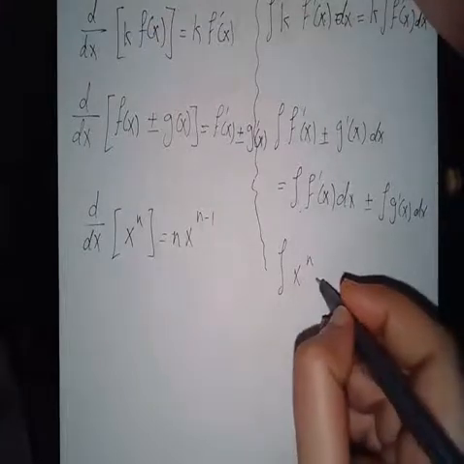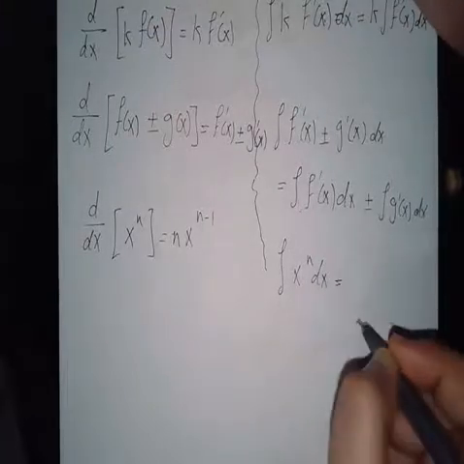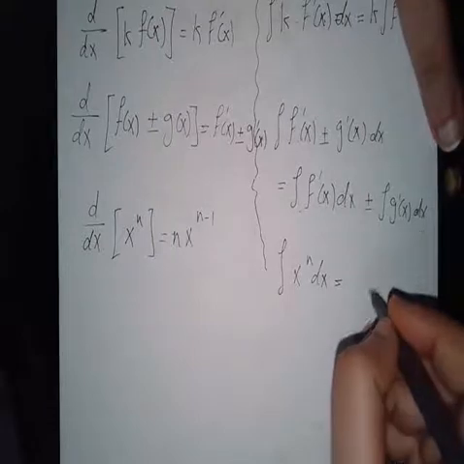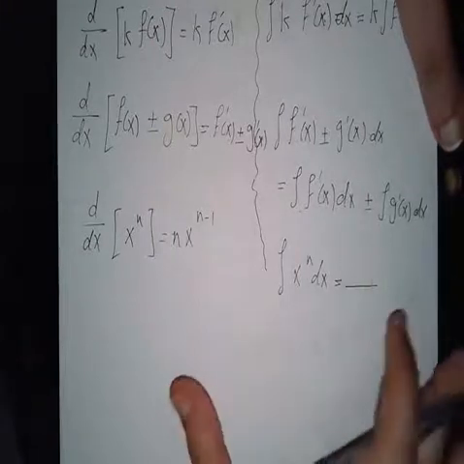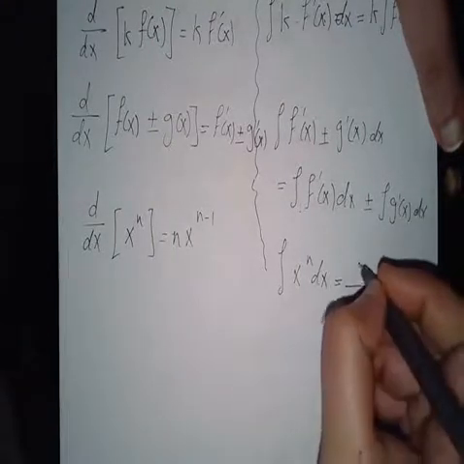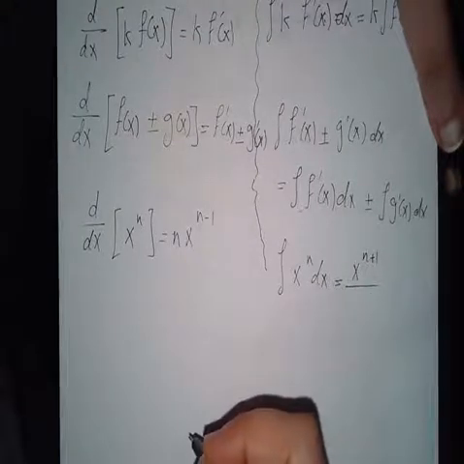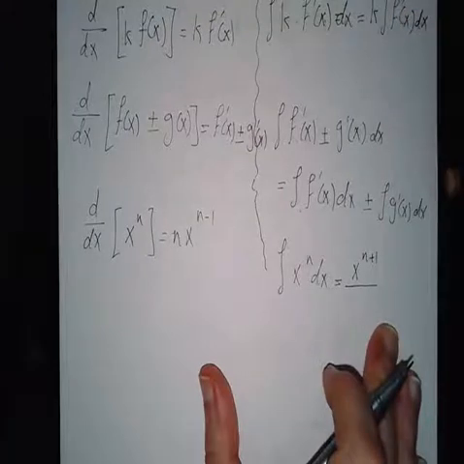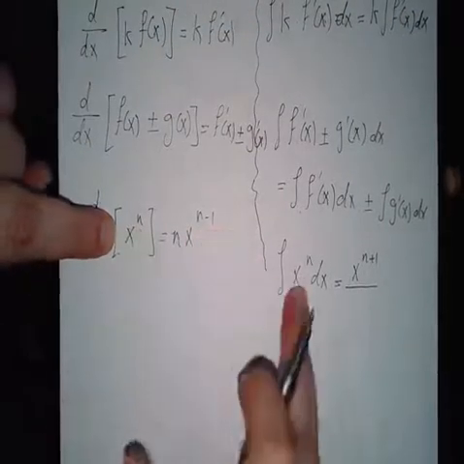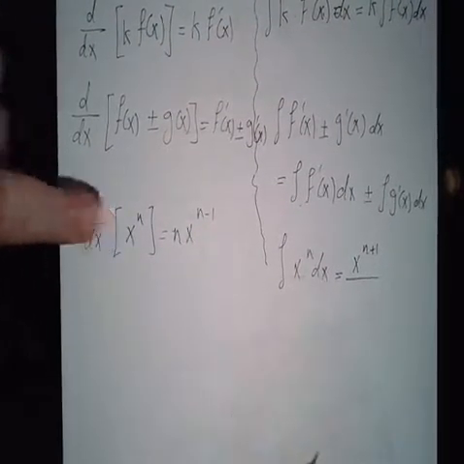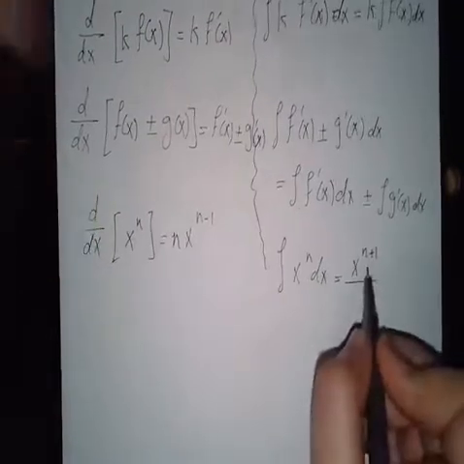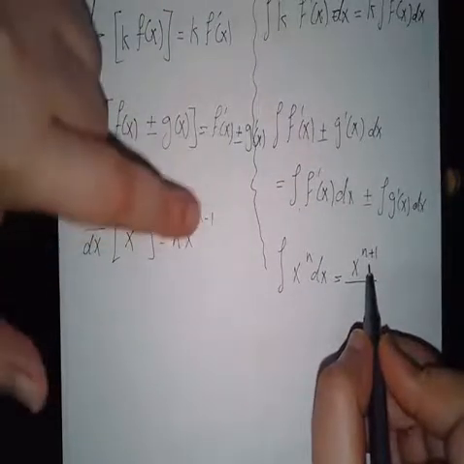If you're finding the integral of x to the n power, it would equal the following. You with me? x to the n plus 1 power on top. It makes sense. When you're finding the derivative, you subtract 1. When you're finding the integral, you add 1. So, x to the n plus 1 instead of n minus 1.